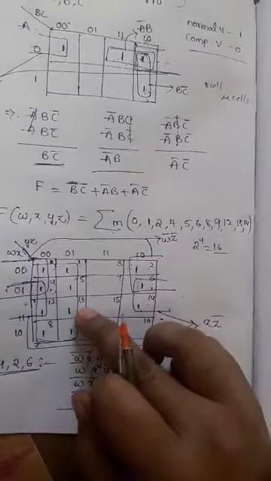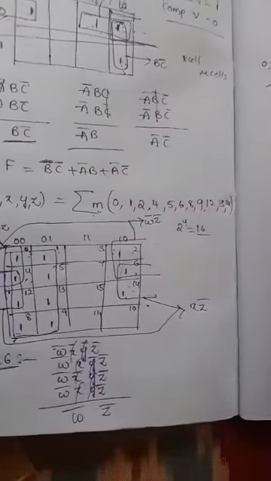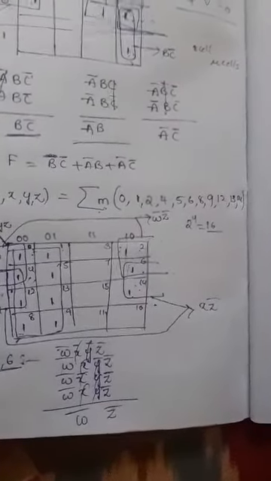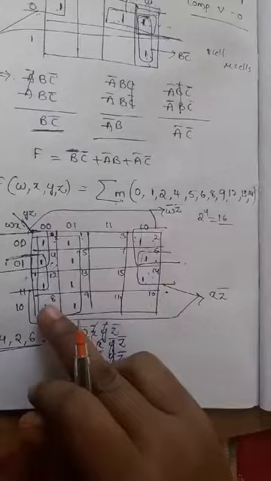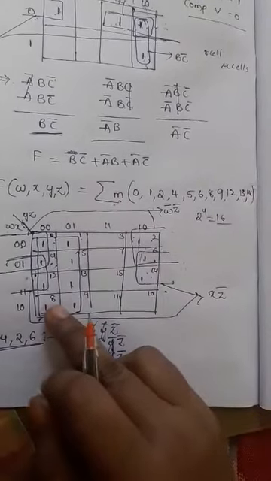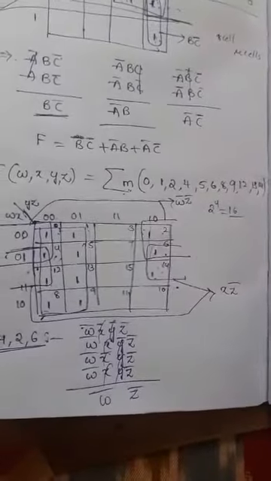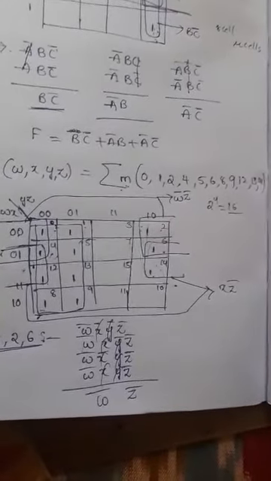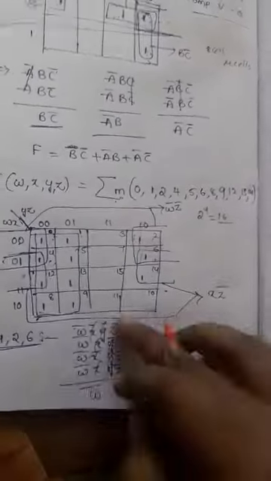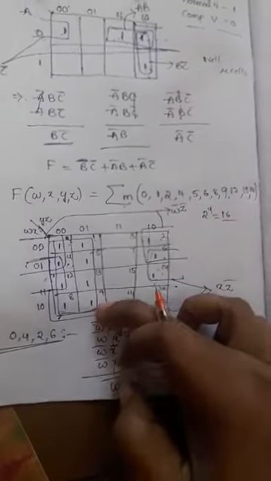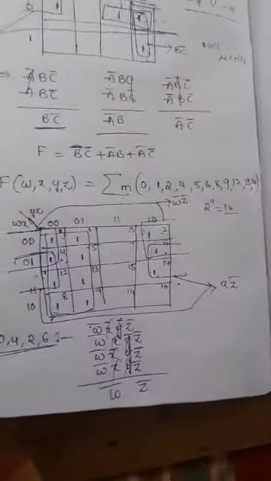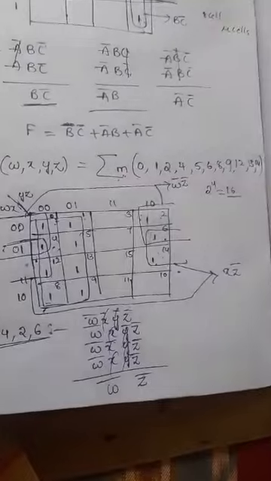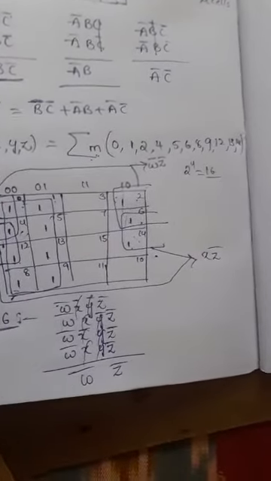Next for 13, 1 1 0 1. W, X, Y complement, Z. Next, here the last one, 8th one. That is nothing but 1 0 0 0. So W, X complement, Y complement, Z complement. And for this 9th cell, that is nothing but 1 0 0 1.